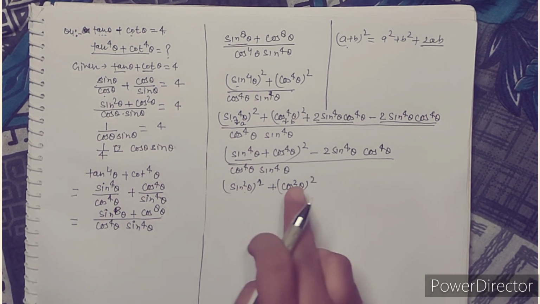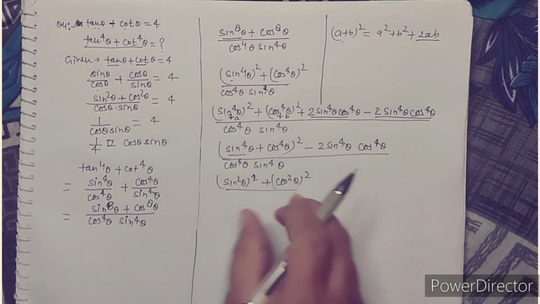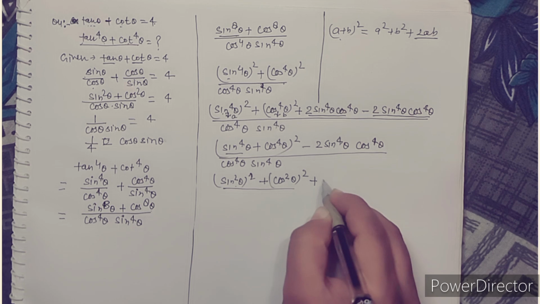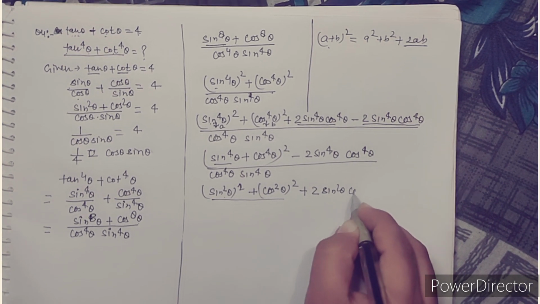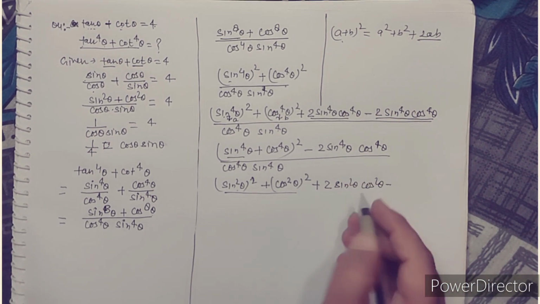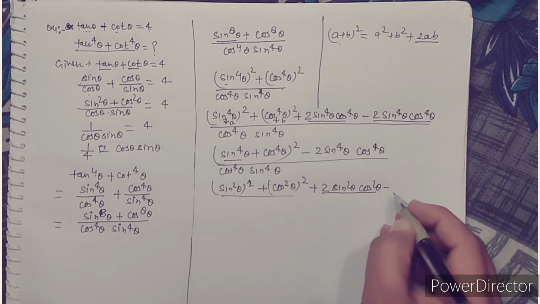Now we have a square plus b square, and we have to convert this in the form of (a + b) whole square. For this we have to add 2 sin² θ into cos² θ, and whatever we are adding, that will also be subtracted.